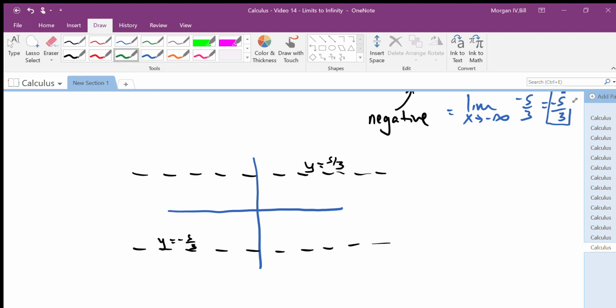And the function, as it goes to the right towards infinity, goes towards the positive 5/3, and as it goes to negative infinity, goes to the negative 5/3. You actually have two horizontal asymptotes in this case.